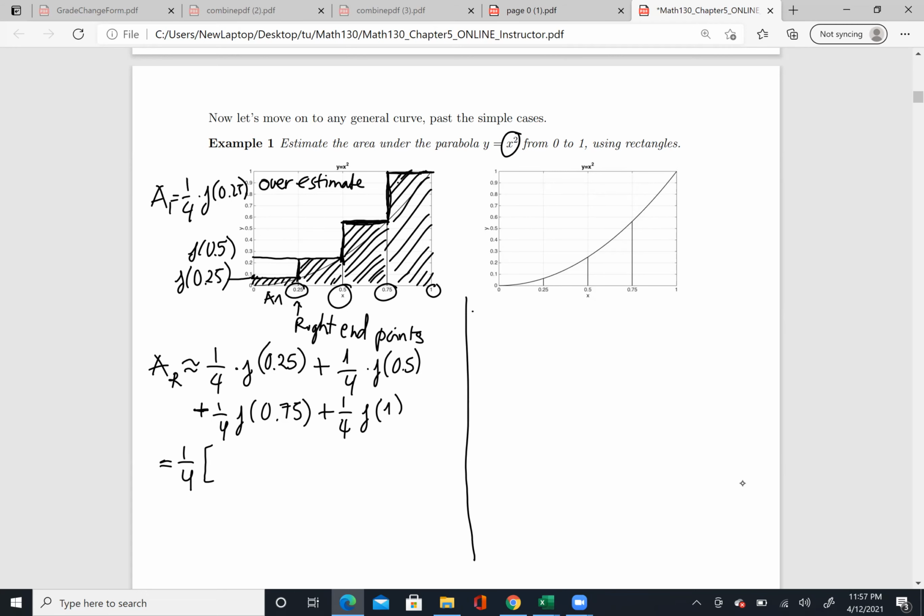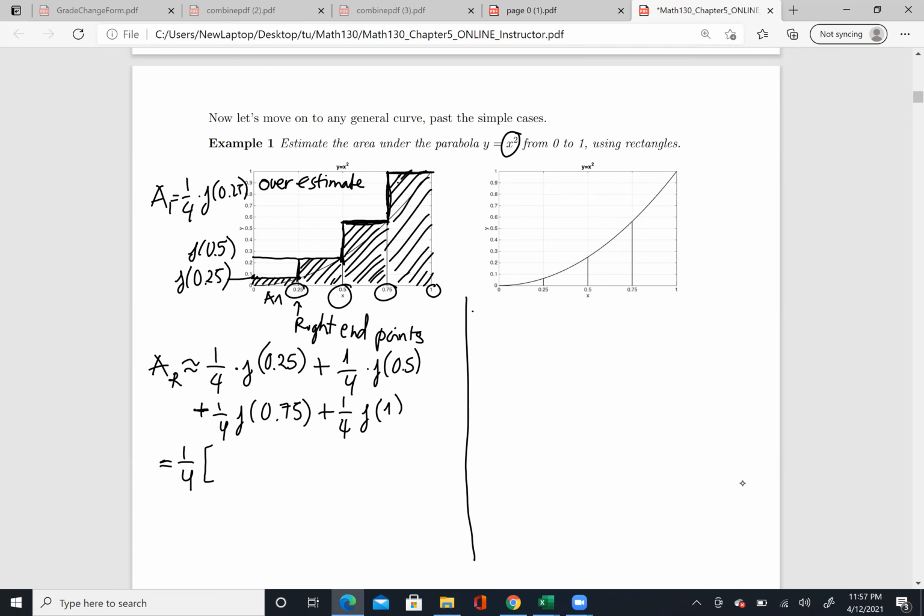And the height for the first interval is f of the midpoint from 1 to 2, which is 1.5, plus 1 times f of 2.5 for the second midpoint, and here is 3.5, plus 1 times f of 3.5.